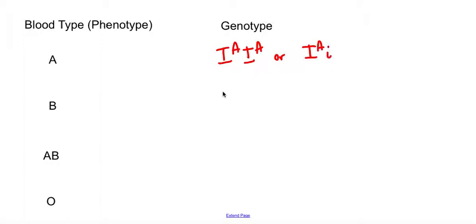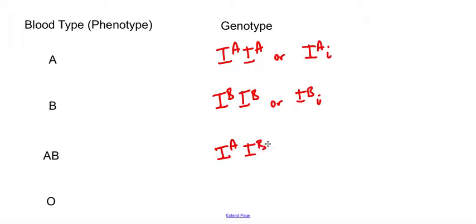If they were type B blood, they would have I^B I^B, or I^B i. And if they had type AB blood, they would have I^A I^B.